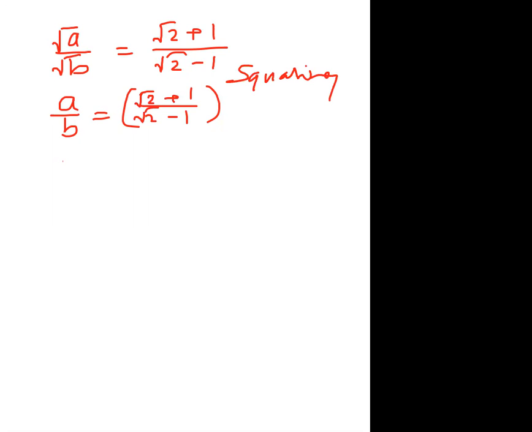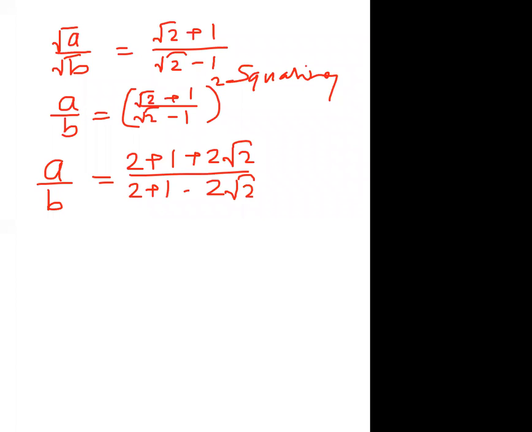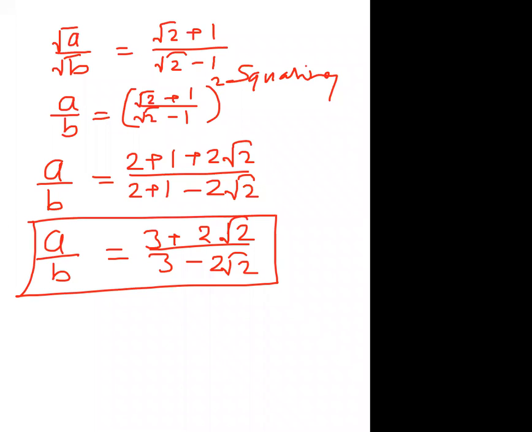Root 2 square will be 2, plus 1 square will be 1, plus 2 root 2, upon 2 plus 1 minus 2 root 2. So it comes to the final thing: 3 plus 2 root 2 upon 3 minus 2 root 2.